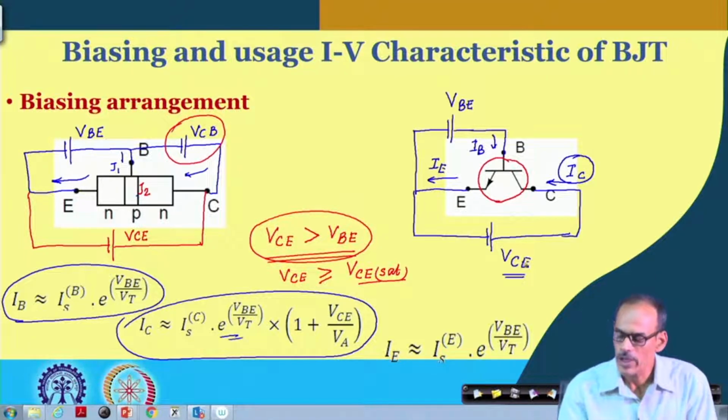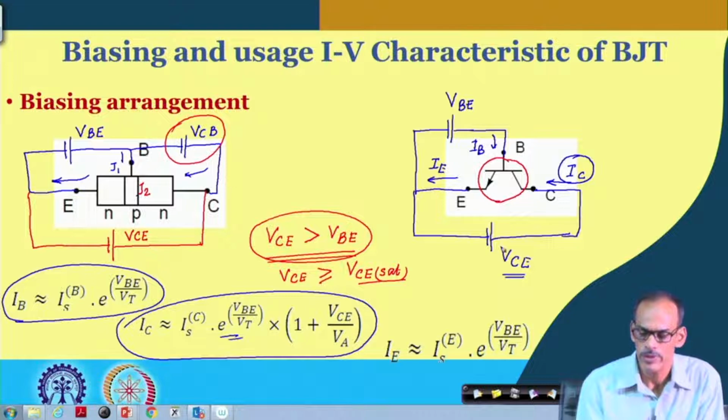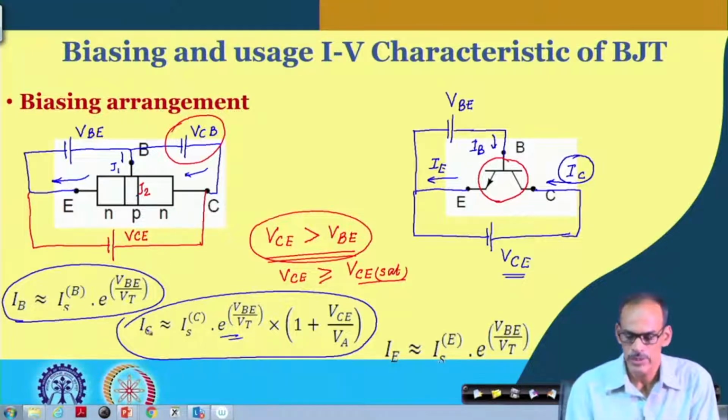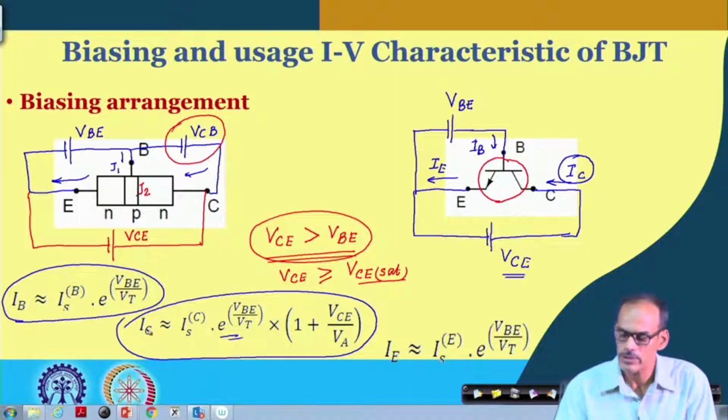In case VCE is negative, it means that the collector side is lower than the emitter side. So, that is how we do this kind of biasing arrangement for the NPN transistor, and then we go a little further into detail of the BJT circuit.